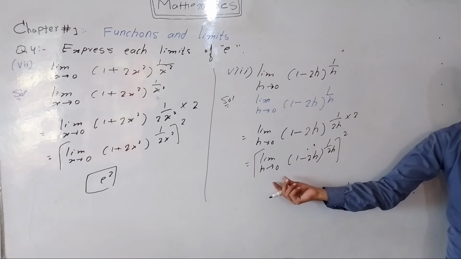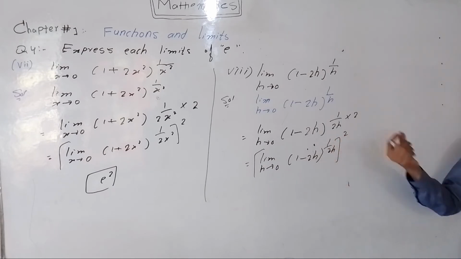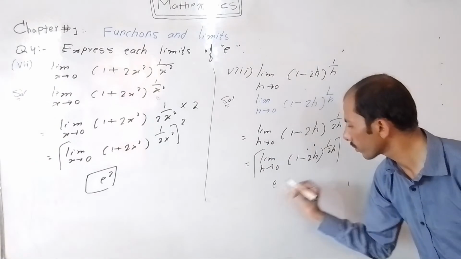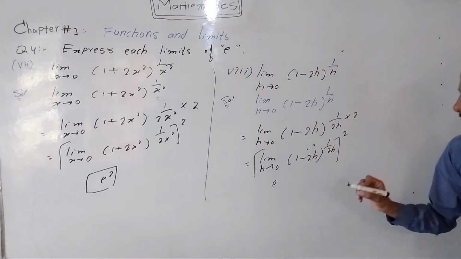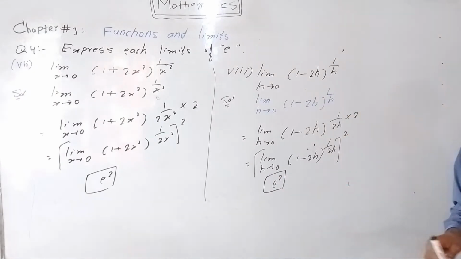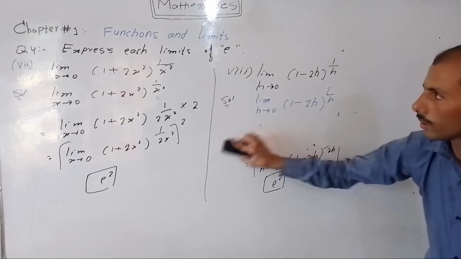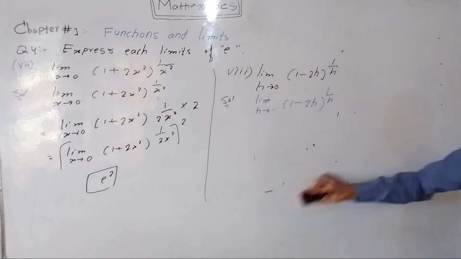Limit h approaches 0 of (1 minus 2h) whole power 1 divide 2h is equal to e. So e power 2, which is the required solution. Next, question number 4, part number 9.